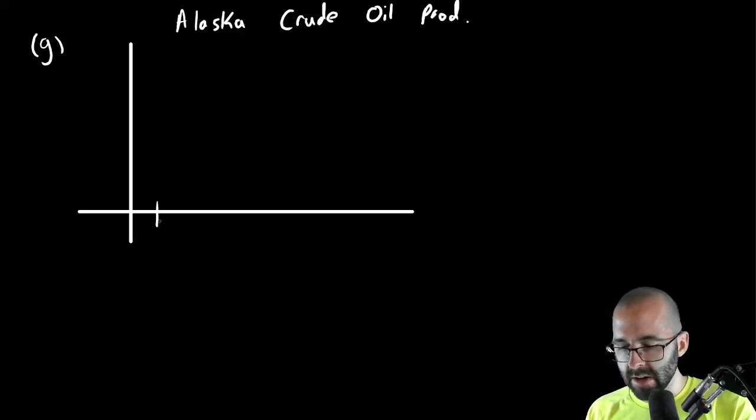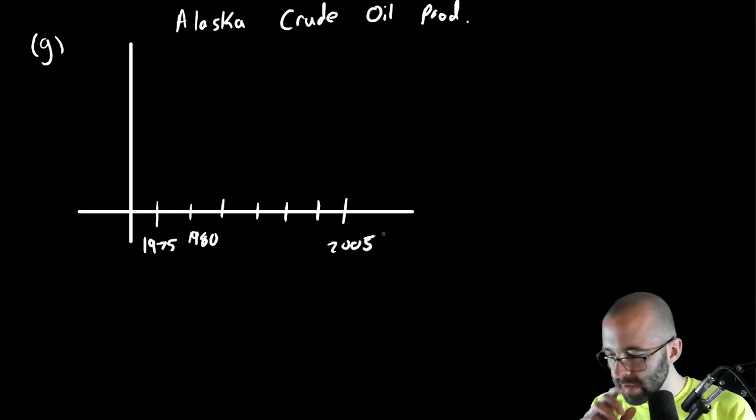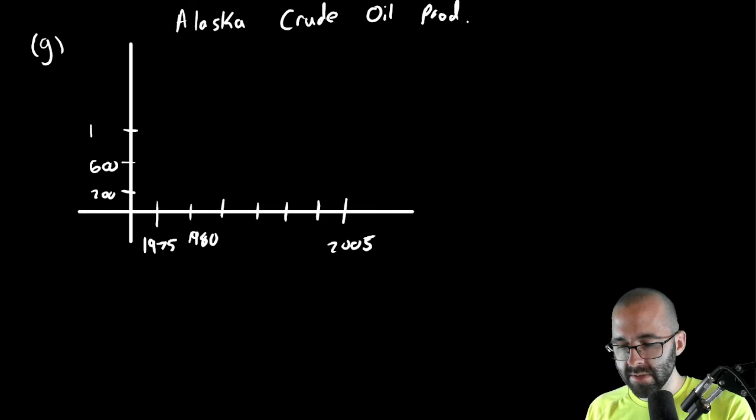The years here are going to be every 5, so 1975, 1980, 85, 90, 95, 2000, and 2005. And on the other axis, it's going to be starting at 200, and then every 400 after that.